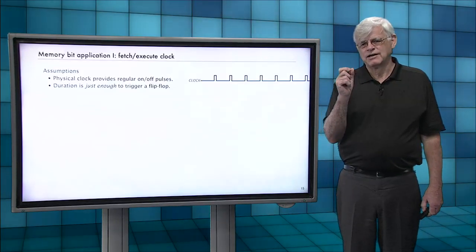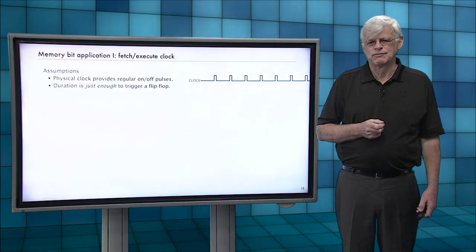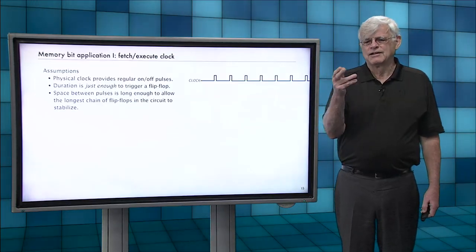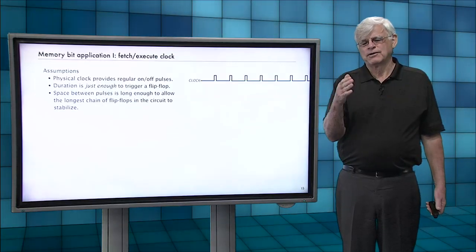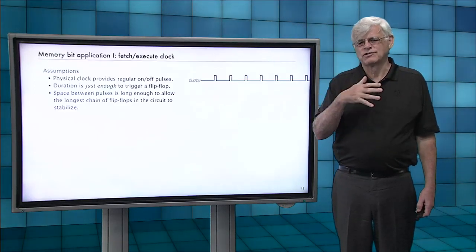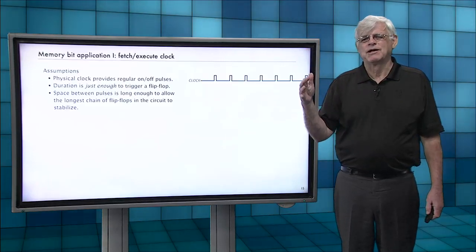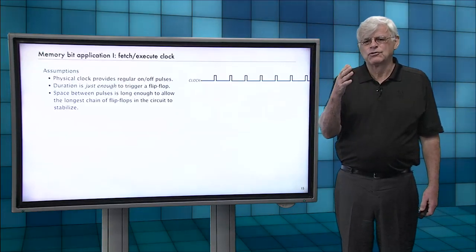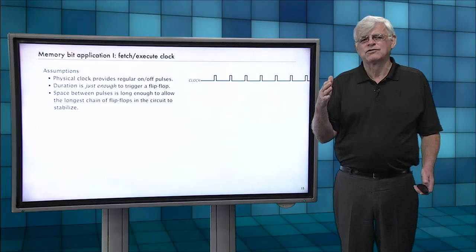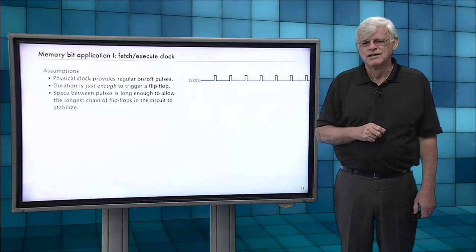First is that the duration of the time when it's 1 is just enough to trigger a flip-flop. And number 2, and we'll talk about this a little more later, is that the duration between pulses is pretty long. There might be lots of flip-flops that have to stabilize, and we assume that that duration between pulses is long enough for the longest chain of flip-flops to stabilize.